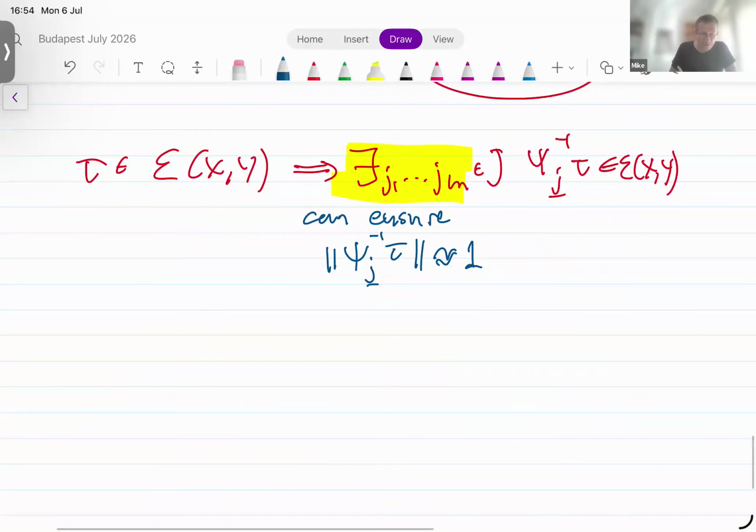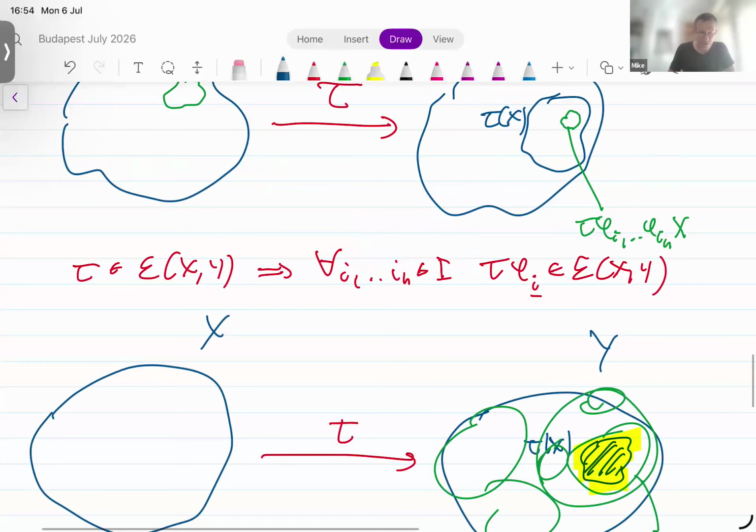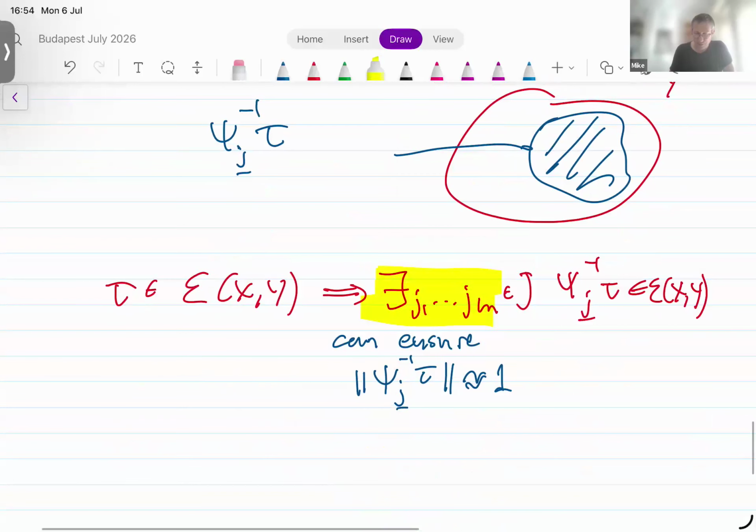So we have these two operations that we can do on embeddings. We can precompose, as we did over here, with a composition of the maps that generate x, or we can postcompose with inverses of the maps that generate y.